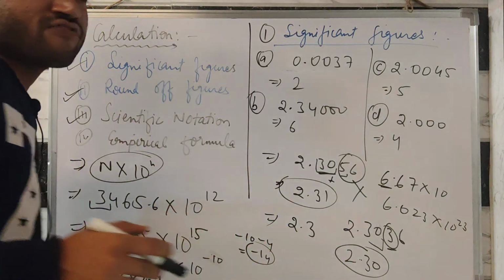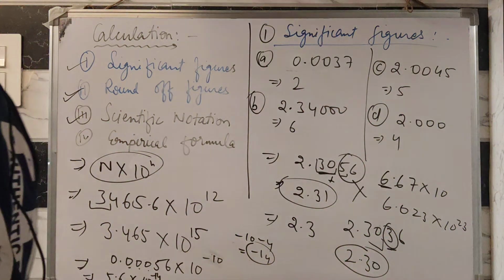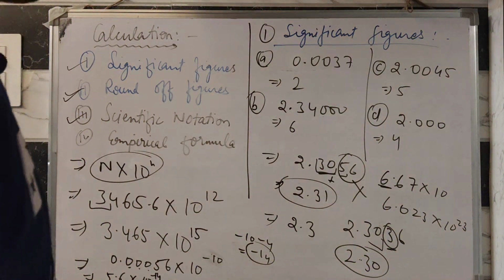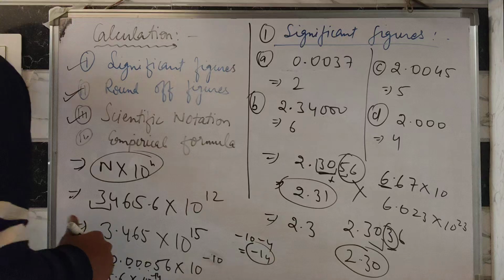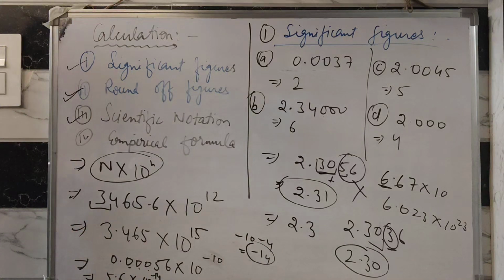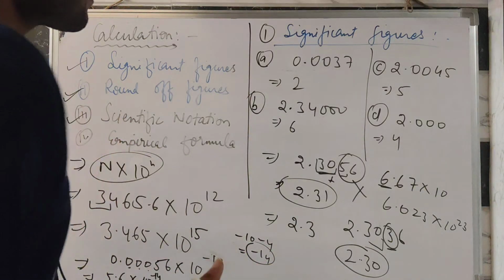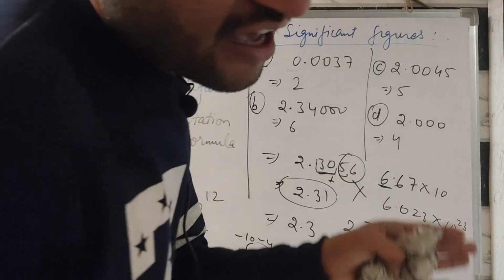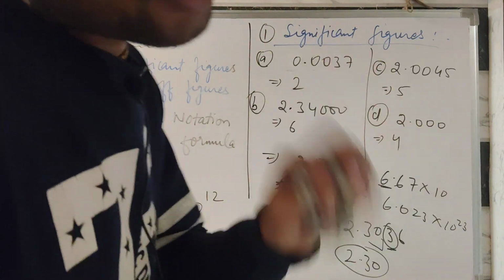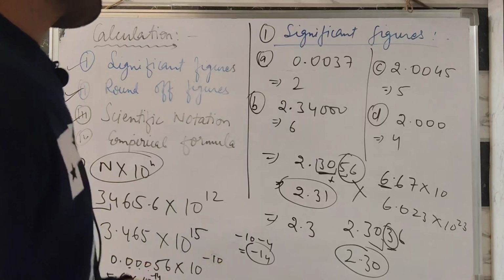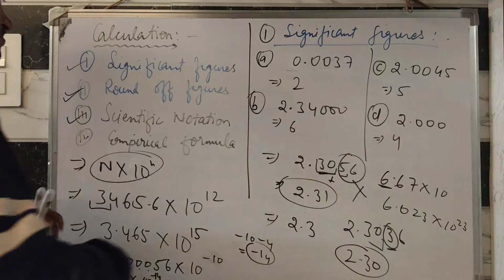What is the empirical formula? How can we calculate the empirical formula? The empirical formula tells about the simplest formula, and the molecular formula tells about the exact number of atoms of elements in that molecule. So this is the simplest formula, known as the empirical formula.